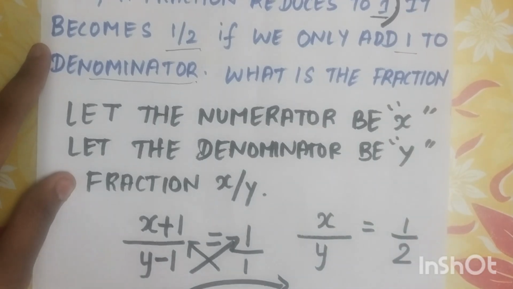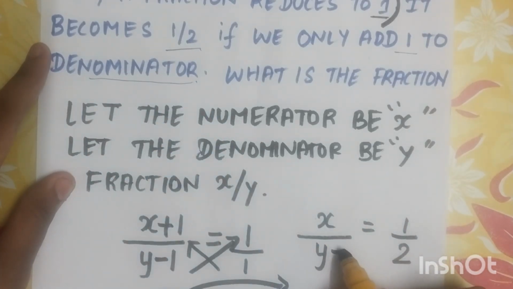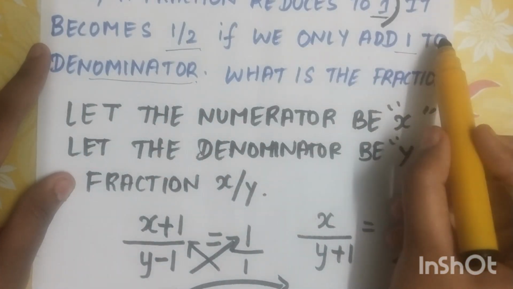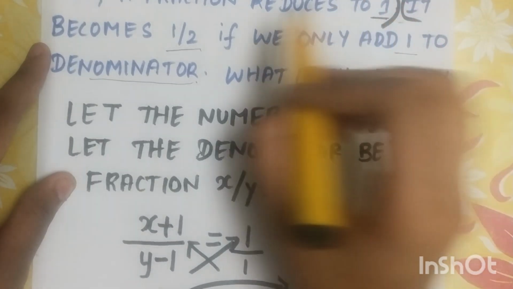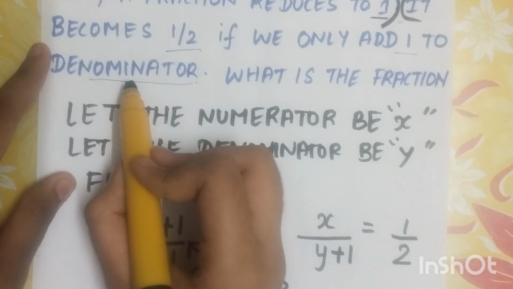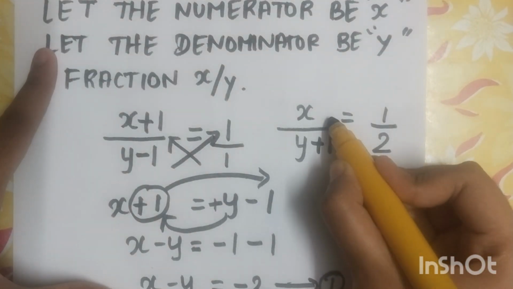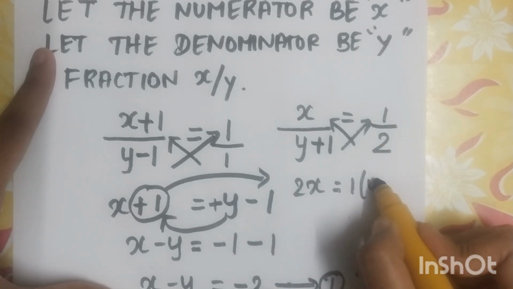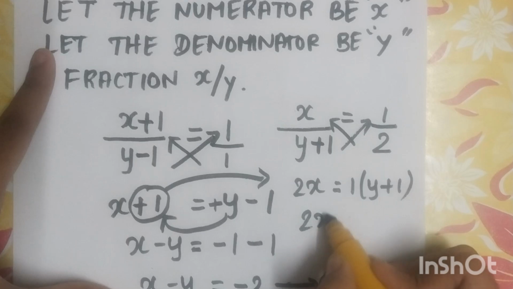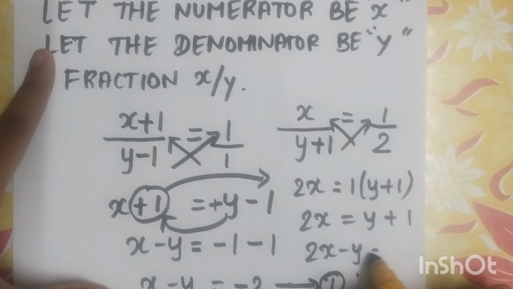If we add 1 to the denominator, which is adding only 1, they didn't give any information about the numerator, so it simply states that it becomes 1 by 2 if we add 1 to the denominator. So this is our second equation. Now cross multiplying here, 2x is equal to 1 into y plus 1, which is 2x equals y plus 1. So 2x minus y is equal to 1 will be my second equation.